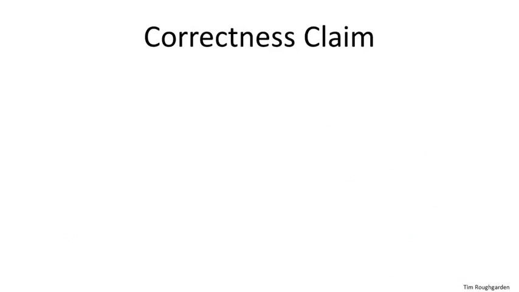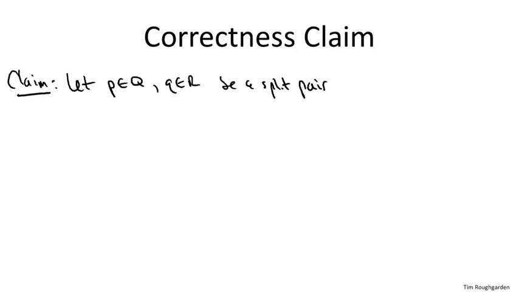So let me phrase the claim in terms of an arbitrary split pair which has distance less than delta, not necessarily the closest such pair. So suppose there exists a point p on the left side and a point q on the right side, so that is a split pair, and suppose the distance of this pair is less than delta. Now there may or may not be such a pair of points p, q. Don't forget what this parameter delta means.